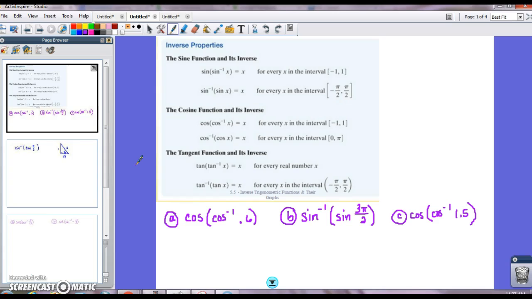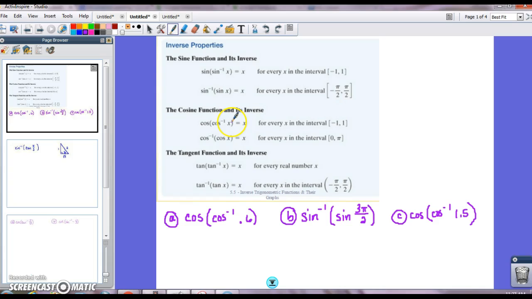So if you see problem A here, the first one, it says it's the composition of the cosine with the inverse cosine of 0.6. So if you look at the chart, this follows along with the one here where it says cosine of the cosine inverse of x.